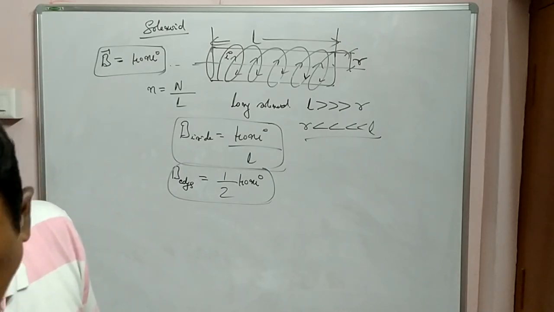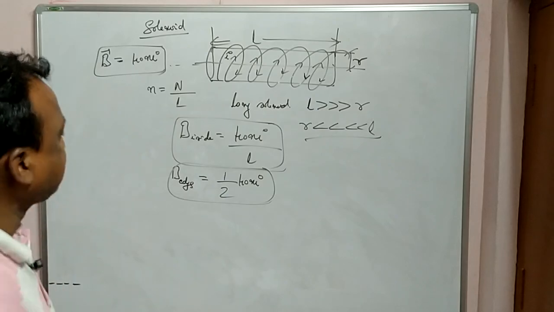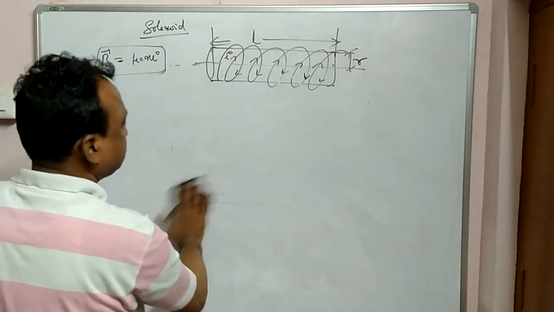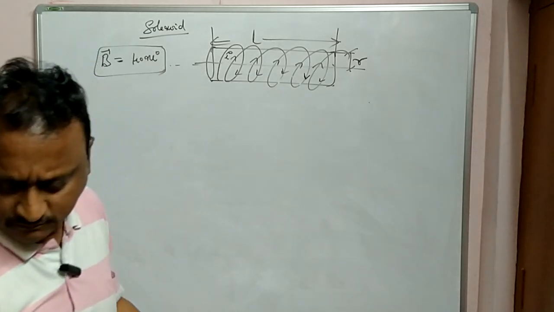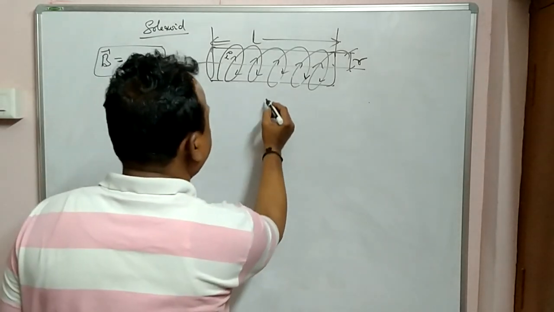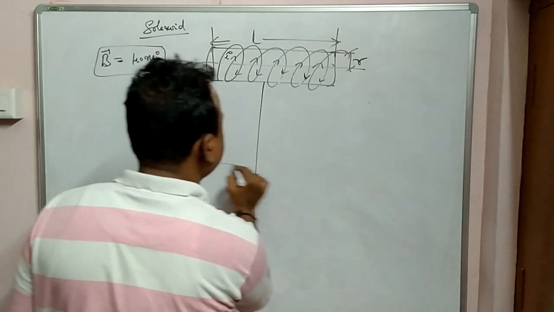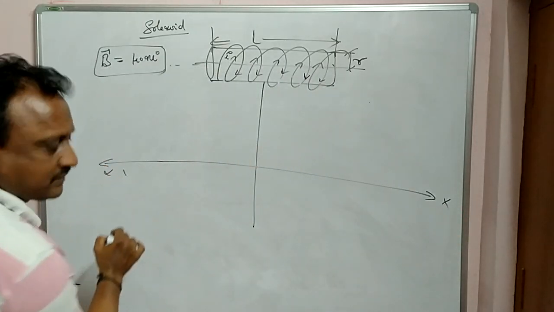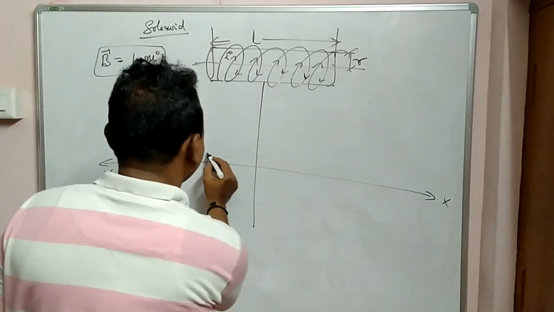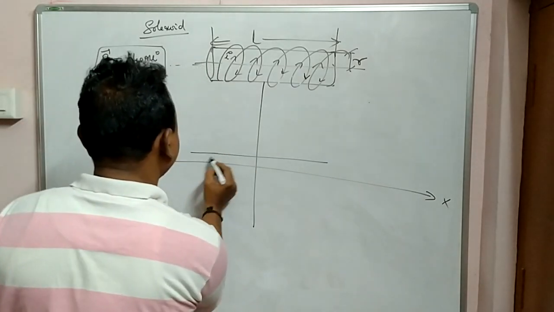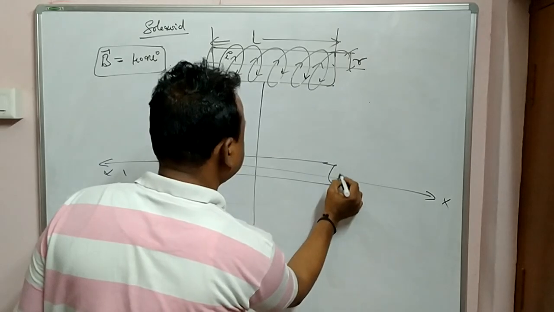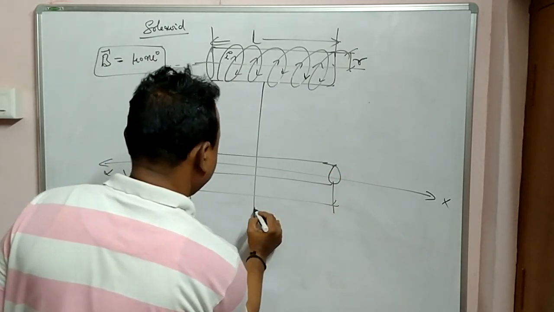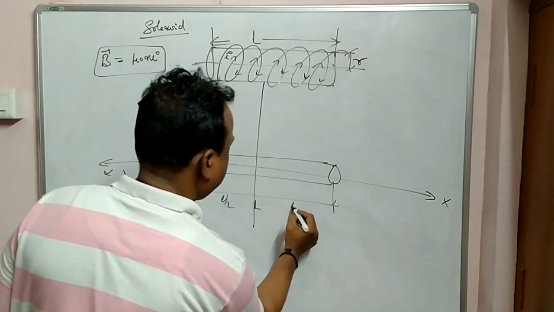And if you draw a graph for this solenoid, you will get it in this fashion. On the x-axis, for the long solenoid, the total length is L, so this is L by 2.